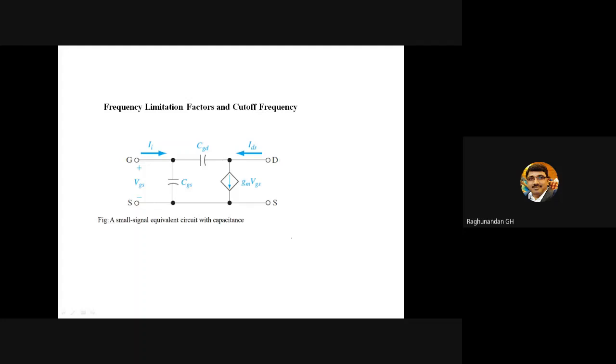So if you are talking about small signal, let us take f is minimum. When frequency is minimum, what happens to the capacitor?